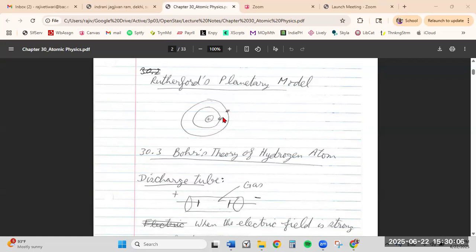It has electrons which are well separated from each other and the nucleus. So most of the mass of the atom is concentrated in the center, in the nucleus. The rest of the atom is mostly empty space, but in that empty space are electrons orbiting around the nucleus like planets orbit around the sun.